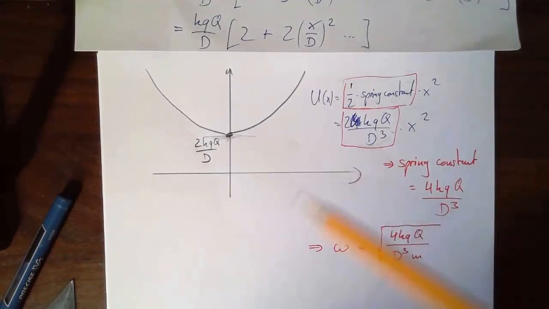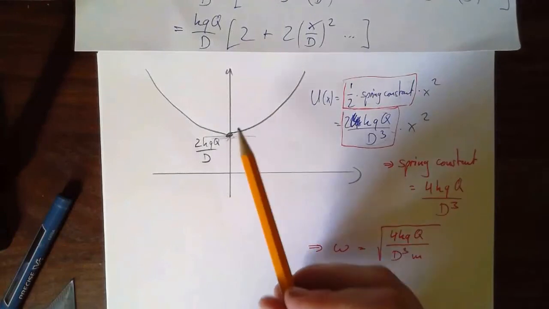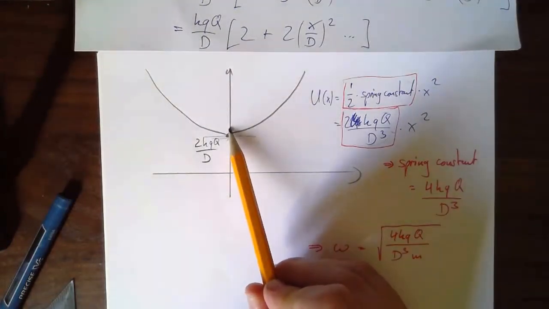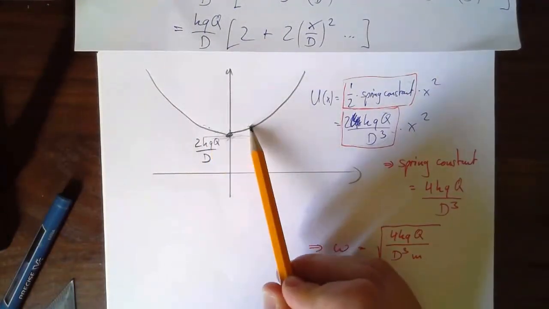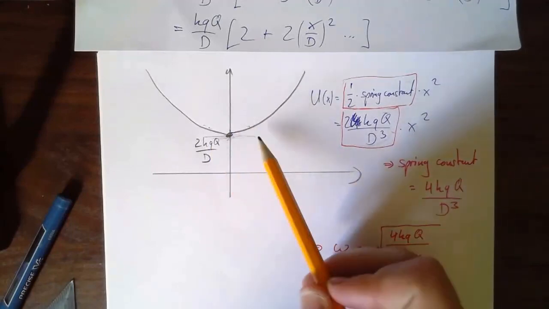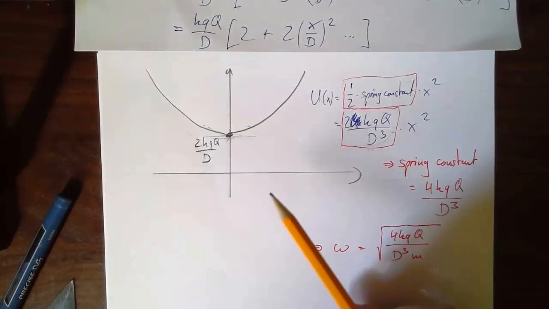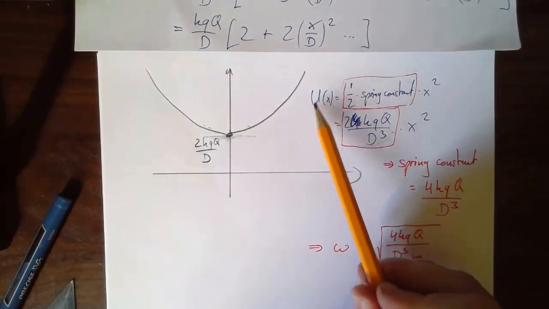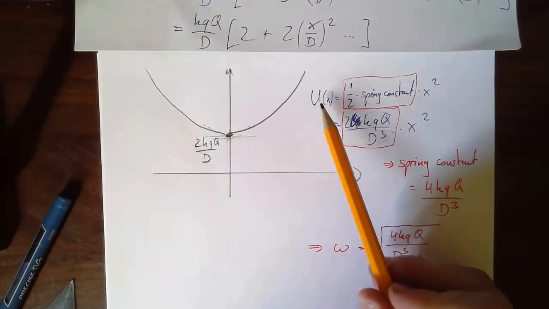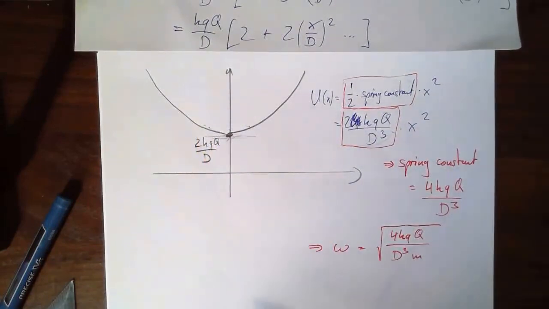And pretty much any time, right, you have an equilibrium point and a restoring force, you can approximate the force as a linear restoring force, or similarly approximate the potential energy as a quadratic.